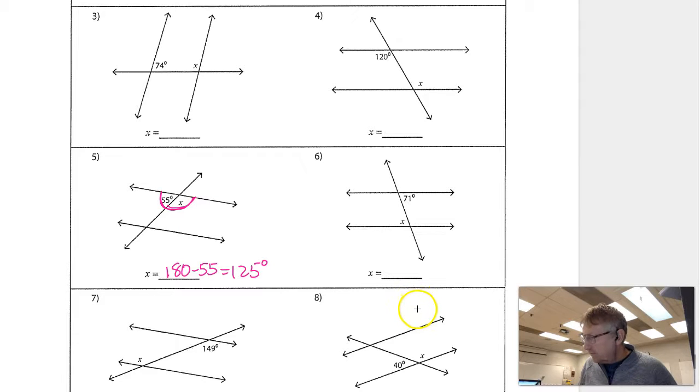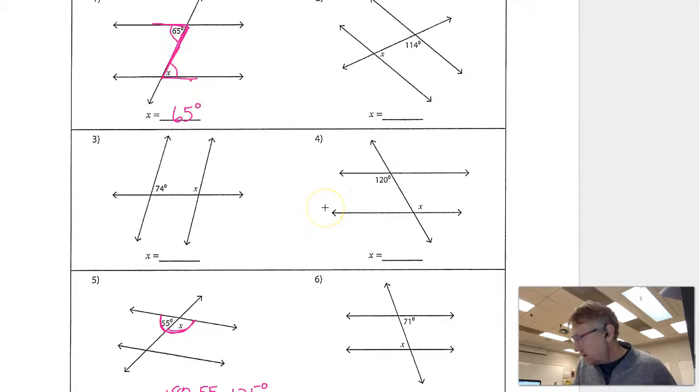What's another one that we haven't done yet? Question 3. I'll go green just to be a different color. Can we find a relationship between angle 74 in that corner and angle of X in this corner? Well, I'm hoping you can spot that this is actually the C angle thing.